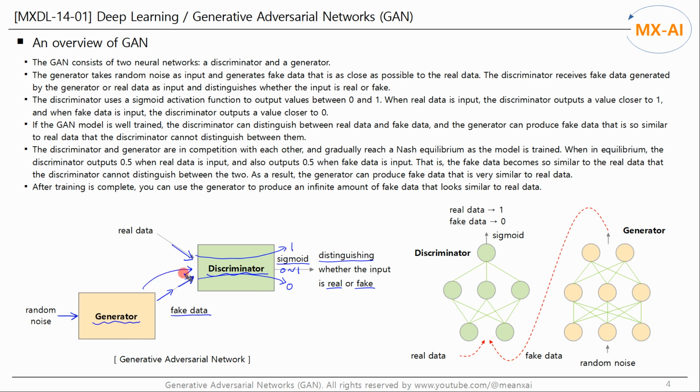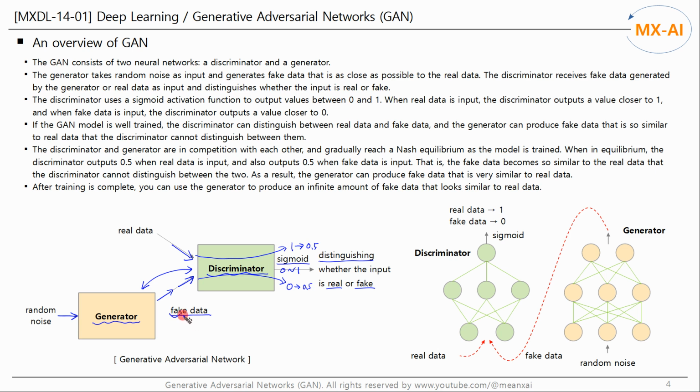The discriminator and generator are in competition with each other and gradually reach a Nash equilibrium as the model is trained. When in equilibrium, the discriminator outputs 0.5 when real data is input, and also outputs 0.5 when fake data is input.